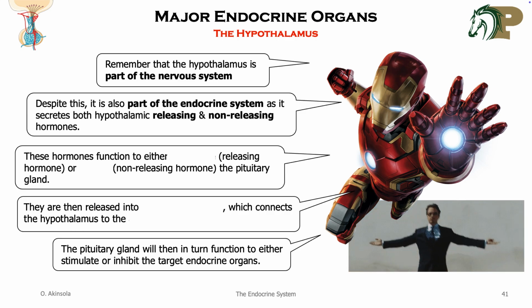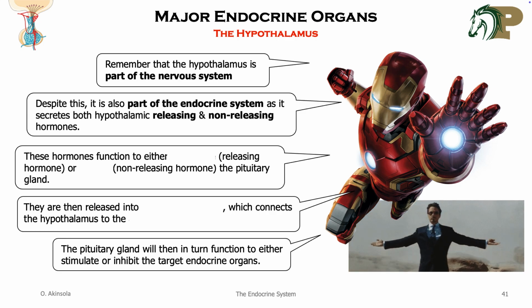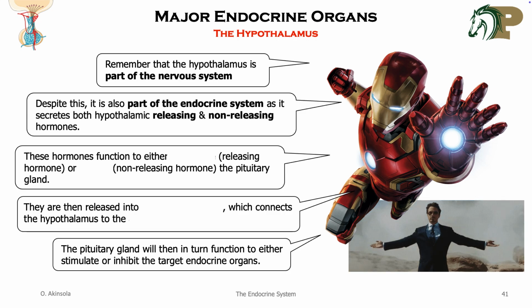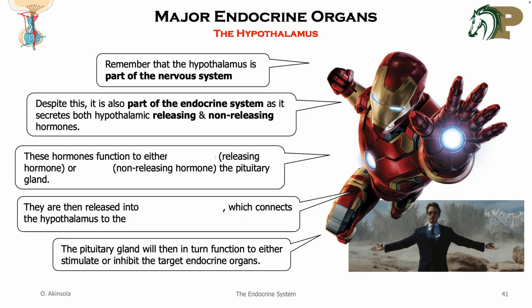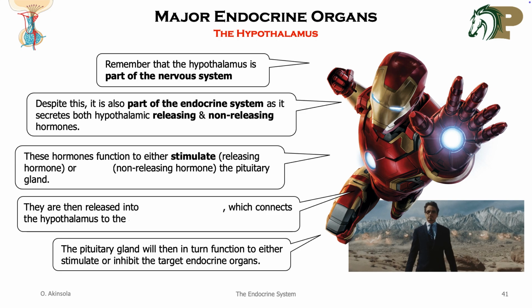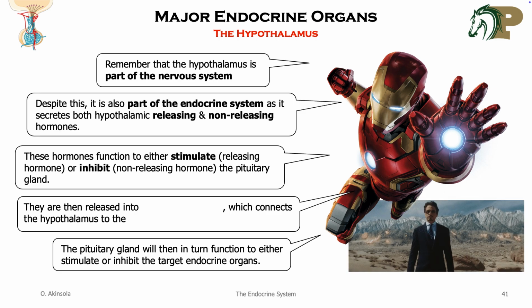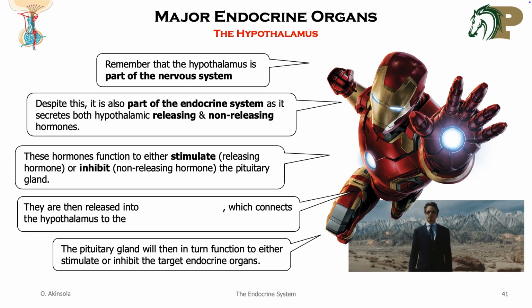Remember that a hypothalamic non-releasing hormone can also be known as a hypothalamic inhibiting hormone. These hormones will function to either stimulate, in the case of a releasing hormone, or inhibit, in the case of a non-releasing hormone, the pituitary gland.